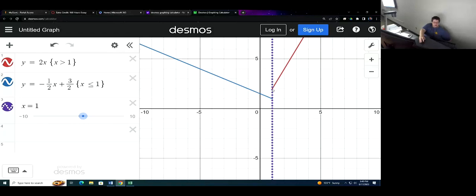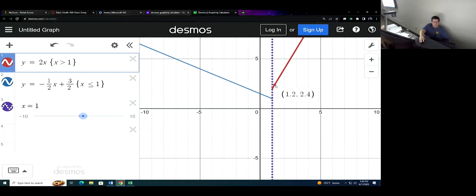So we want to look at what happens as this function approaches x equals 1 from the right and from the left. So right now I'm holding down the cursor. The left value is x, the right value is y. Notice we can see right here, it's a little easier to see because that's right at 5. I'm looking for the y value. So as my value approaches x equals 1, it went from 5, down to 4, down to 3.